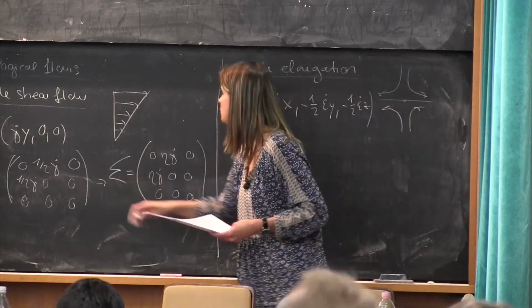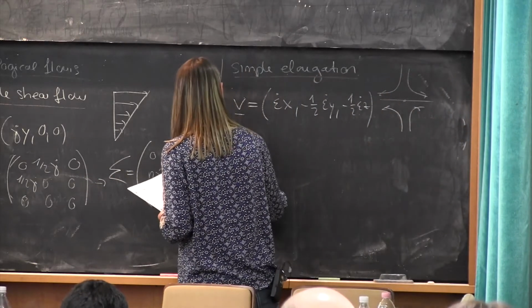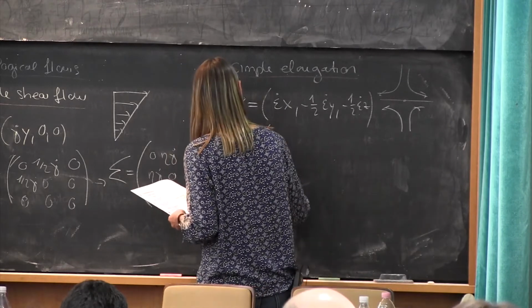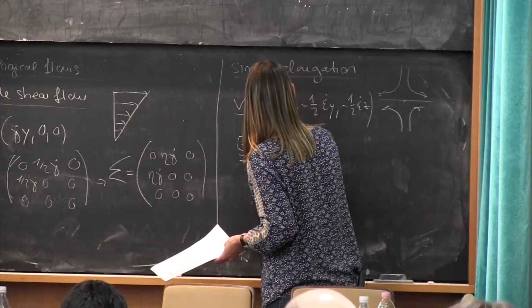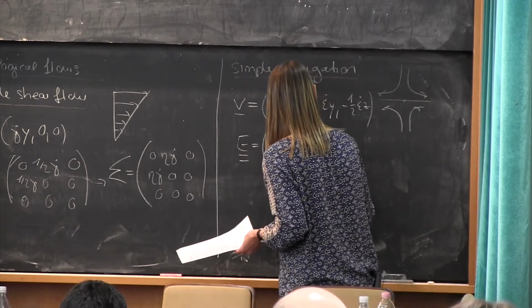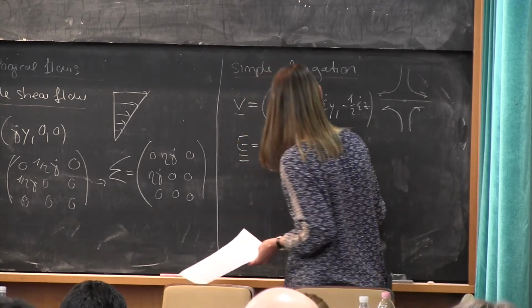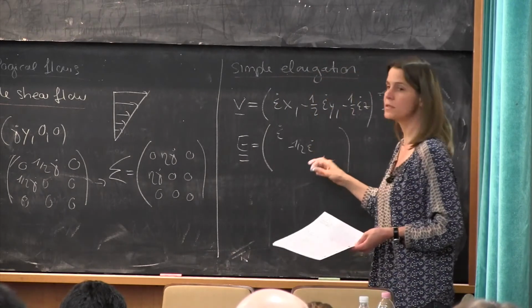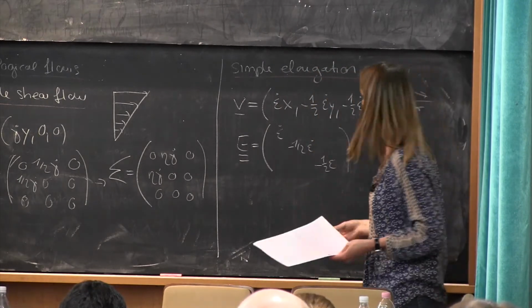Okay, so we'll just play the same game. I will write the rate of strain tensor E. It just gives epsilon dot, minus 1/2 epsilon dot, and a minus 1/2 epsilon dot there. So you already see that the symmetry of the flow is very different in this case.